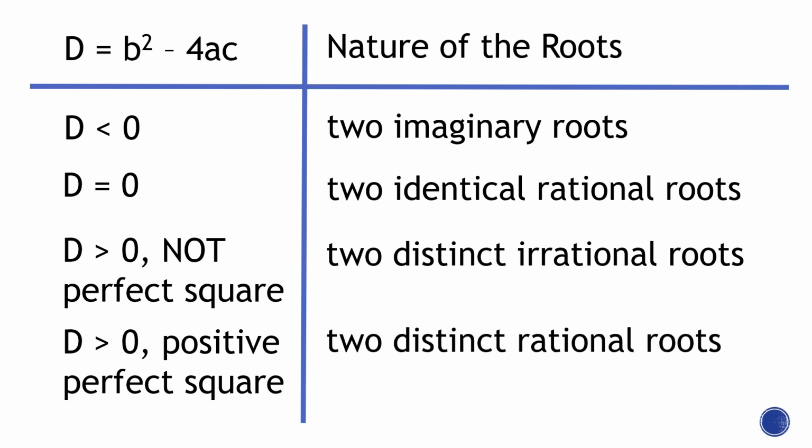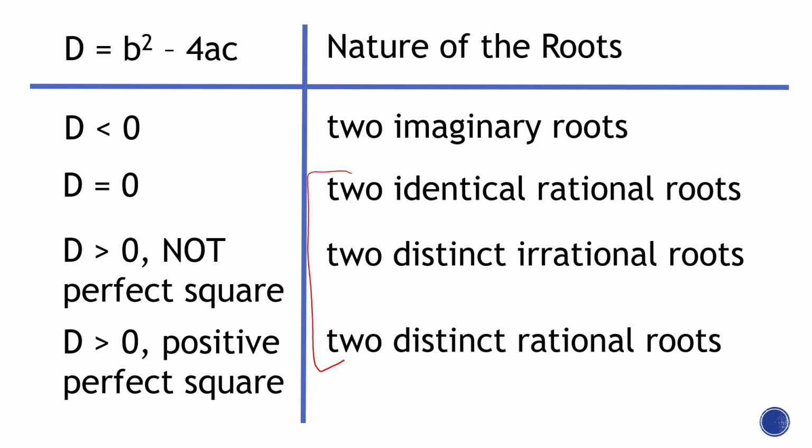you are going to have two distinct rational roots. Now, I mentioned earlier, some teachers, some books, only divide the nature of the roots into two, so they group all of these three, and now you have imaginary only or real roots. But I want to be really specific, so I'm giving you these 4 possibilities. Later on, aside from explaining the nature of the roots, I will show you the graphical representation of the given quadratic equation for you to be able to understand.